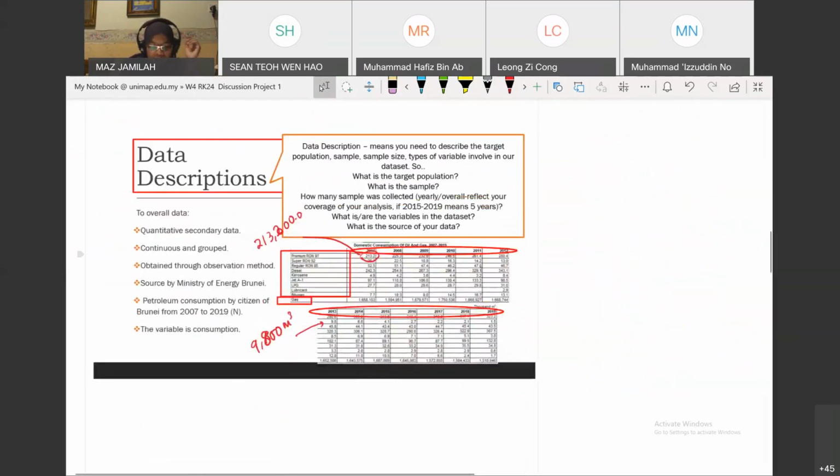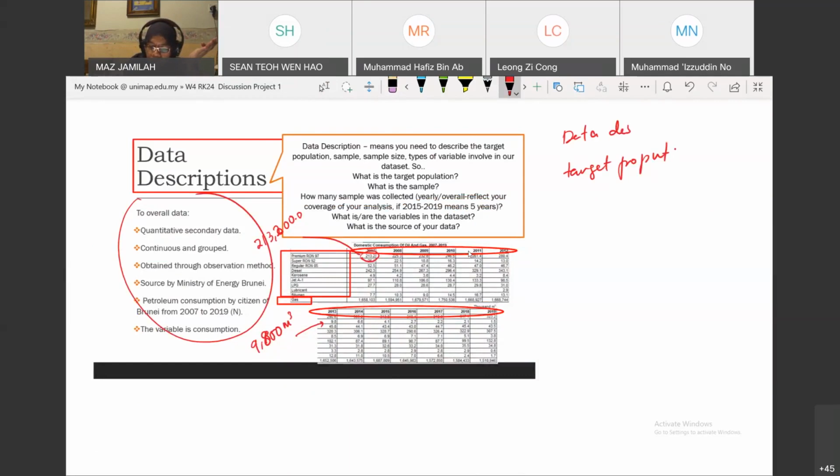Okay, now for the data description, a lot needs to be improved for this group. The way you describe your data, if you go back to the rubric, you need to talk about the target population. Okay, data description. Target population. What is your sample?